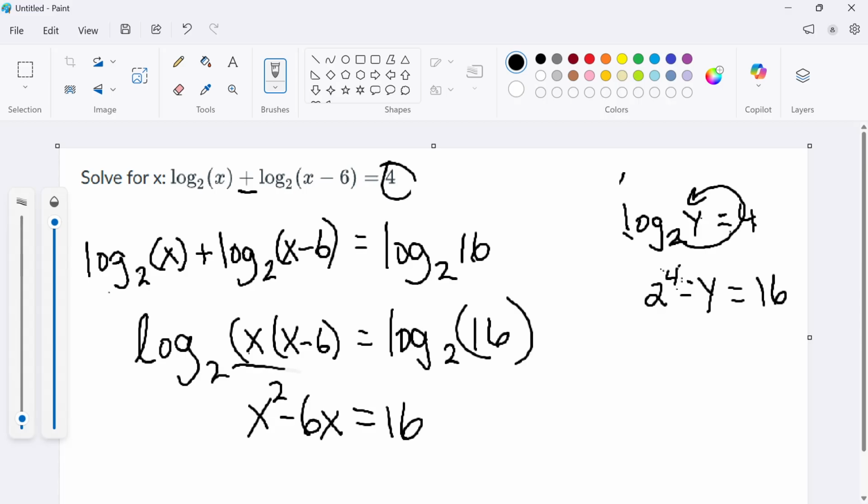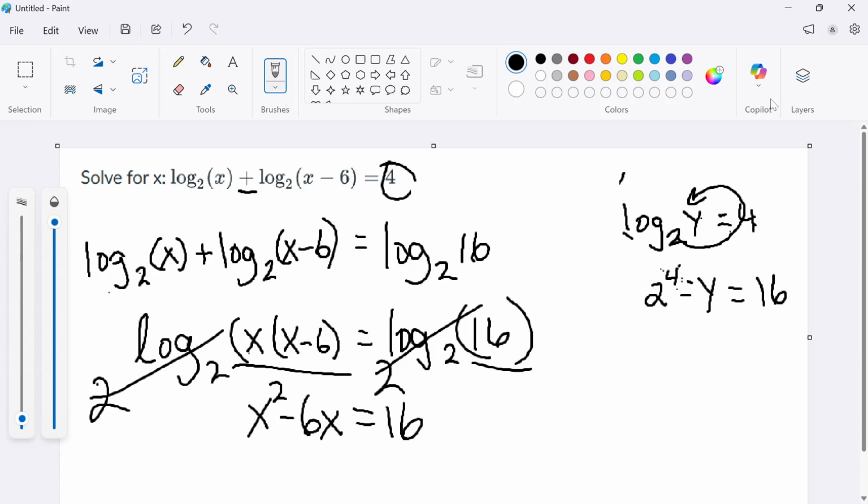And I do that because if the log to some base of an argument equals log same base of a different argument, then those arguments must be equal. The other way I can do it is I can do 2 raised to both, and then the 2 and the log base 2 are inverse functions, and they just go away.